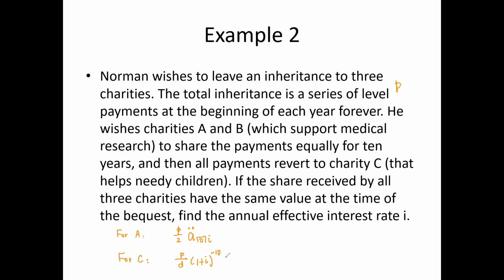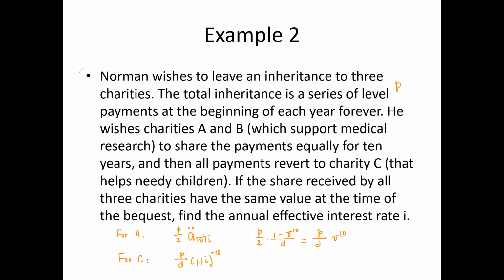Okay, so we set them equal. P over 2 times 1 minus 1 plus i to the negative 10, which is v to the 10, over d, equals P over d, the present value of the perpetuity due at time 10, and then you need to discount back times v to the 10.